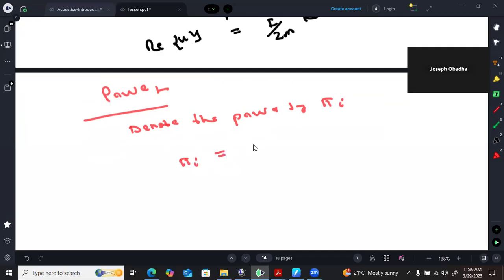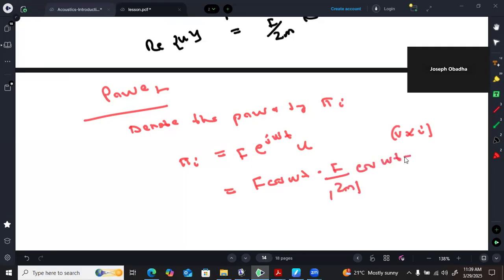It will be given by voltage times current. If it's in an electrical circuit, we'll have voltage times current. Now in our case, what corresponds to the voltage is the force. Then we multiply by the current, and what corresponds to the current is the u, or the velocity. So that now when we evaluate this, we get F cos omega t times F over Zm cos(omega t minus theta).